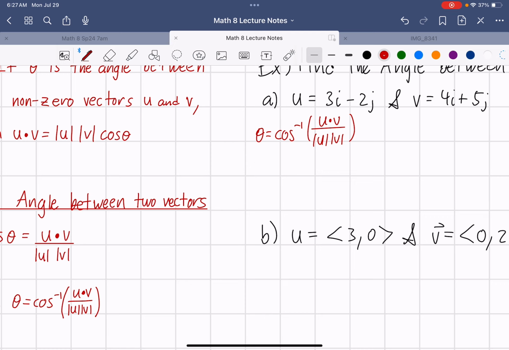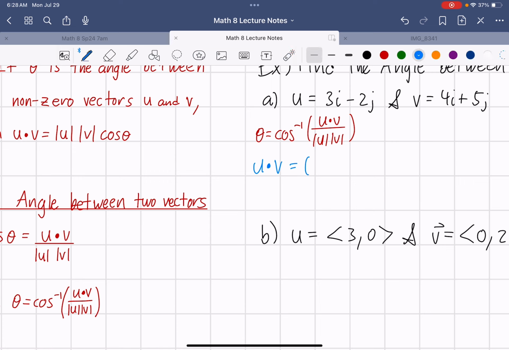So first, I'm going to use that first version of the dot product. I don't want to use this version because it wouldn't lead me anywhere.